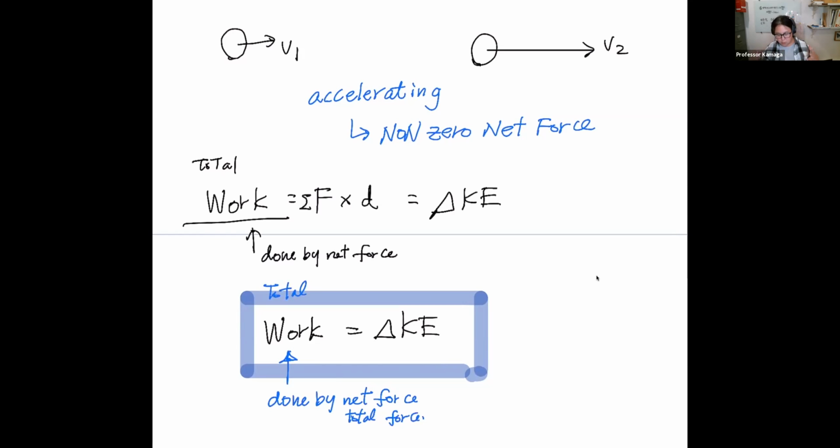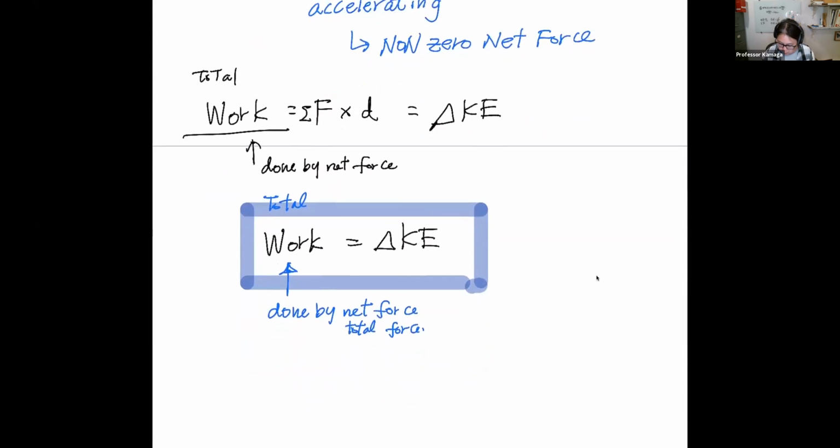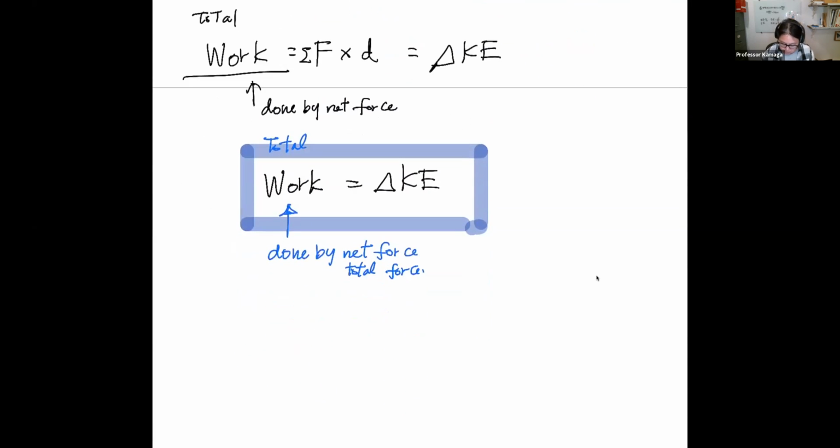Total work means you have some kind of net force. When you have a net force, you have a change in kinetic energy. Then the work-energy theorem says that whenever you have a work done on the system, it's putting all the work in an energy relationship.